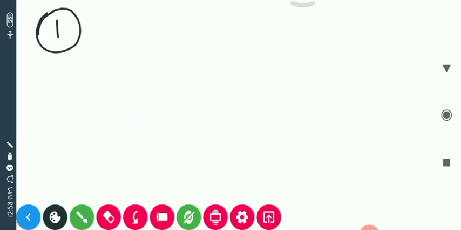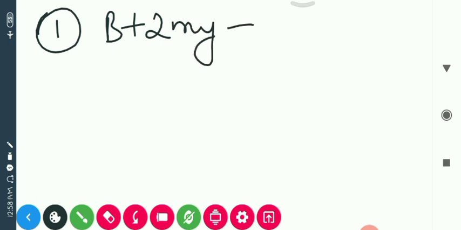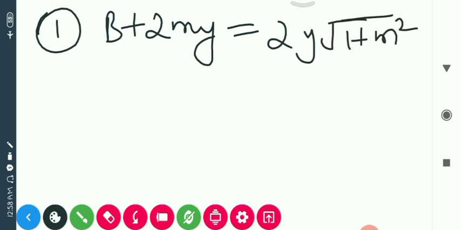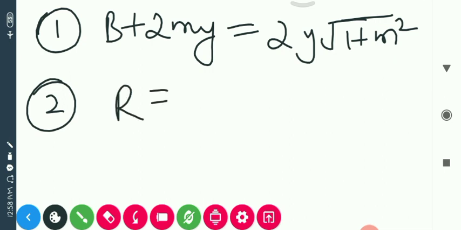So we have two conditions here. The first condition was that the top width, b plus 2my, is equal to twice the side slope length. The second condition we obtained is that the hydraulic radius should be half of the depth.